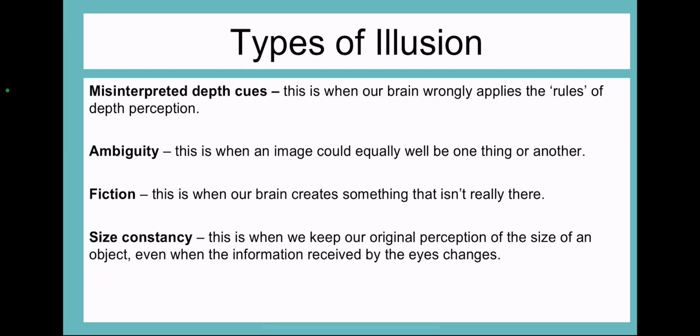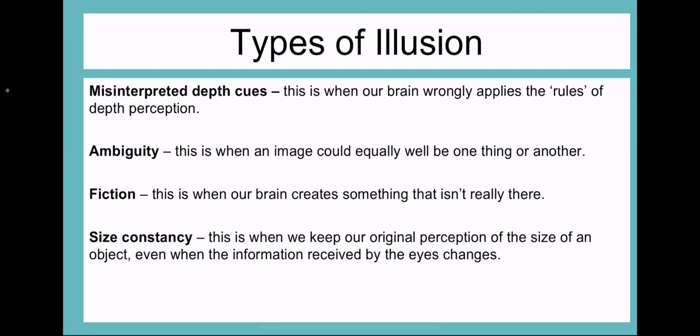And finally, the size constancy illusions. Now, size constancy is the idea that our brain knows things stay the same size all the time. And it's when our brain is getting tricked by the information that our eyes are receiving, even though we know the size of the object doesn't change, but it looks like it is based on the scenario that's happening.